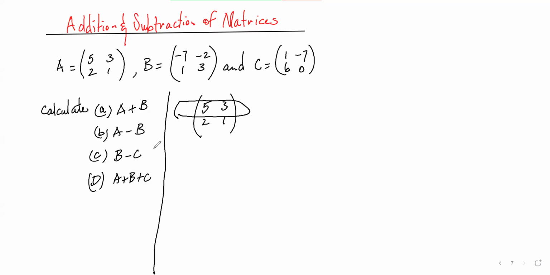In the first row, sorry, 5 is the first element, 3 is the second element. All right, so we're going to add A to B.